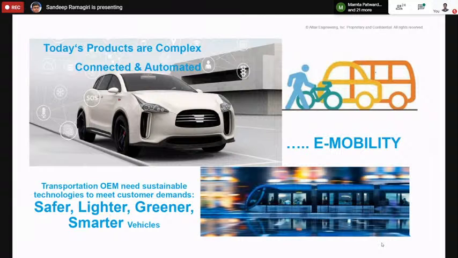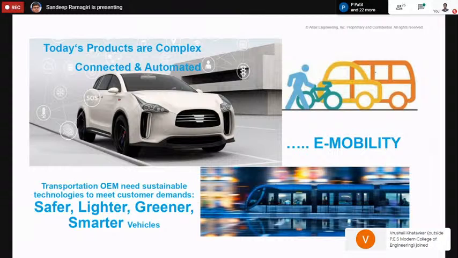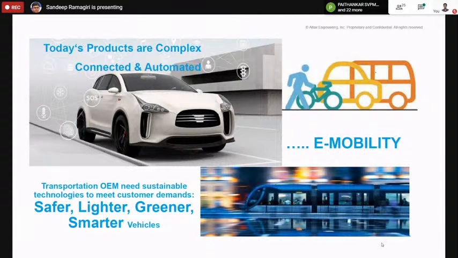The transportation OEMs, original equipment manufacturers, need sustainable technologies to meet the demands coming from customers. Whatever we design has to be safer, lighter, greener, and smarter. That is what we get from the customer, so as designers we need to meet these demands and design our products.